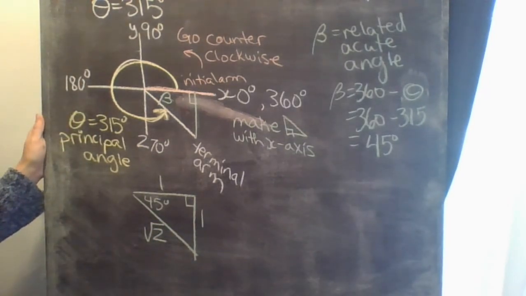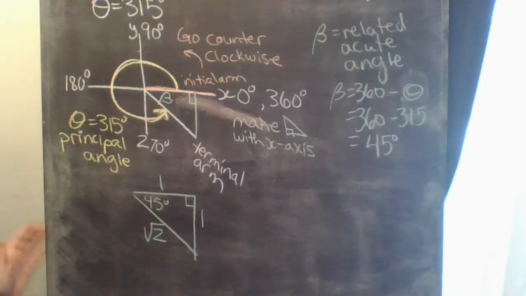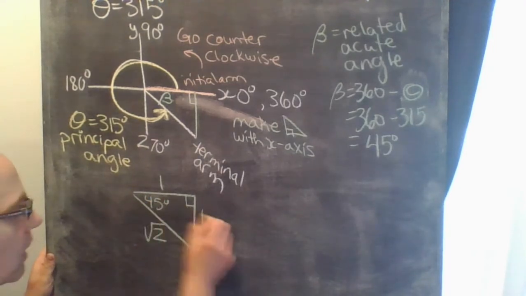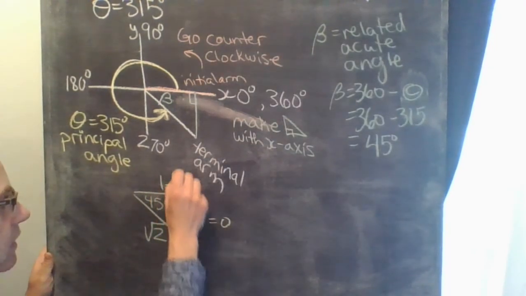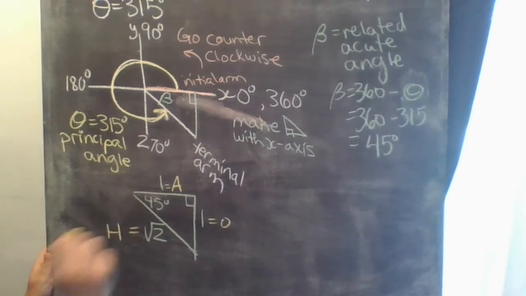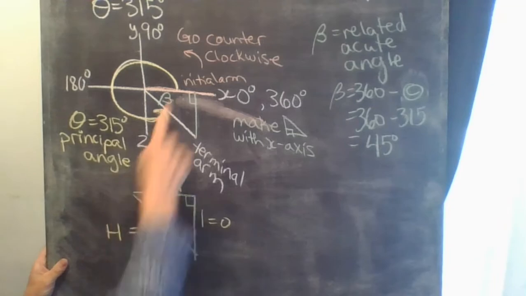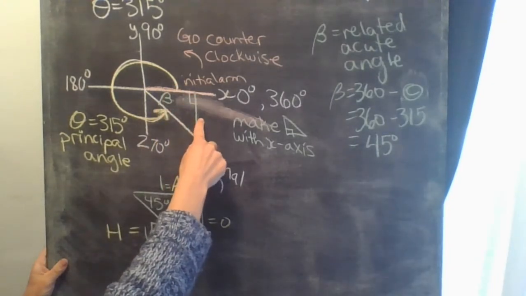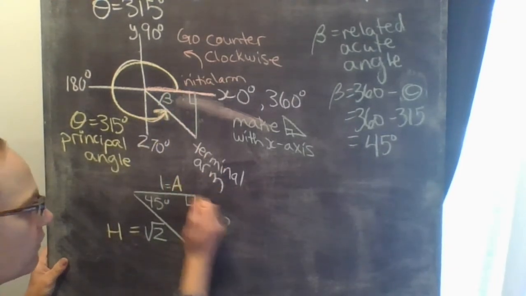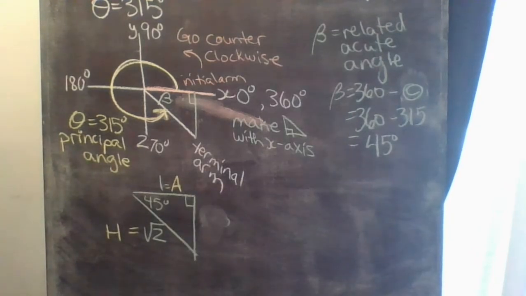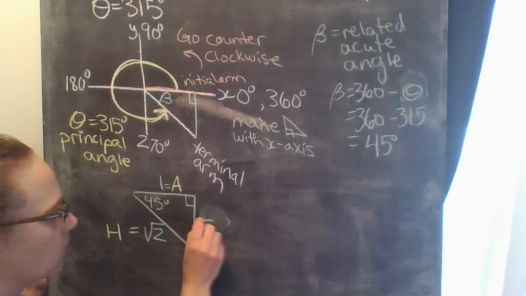Okay? So that means that when I go to write this into my trig ratios, there's my opposite, there's my adjacent, there's my hypotenuse. So we can write it all out. Also, let's not forget the fact that we are below our x-axis. So my y value is actually going to be a negative value.